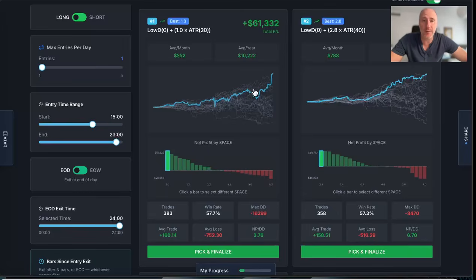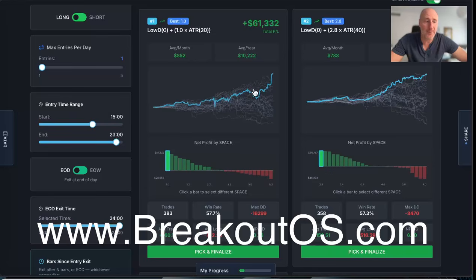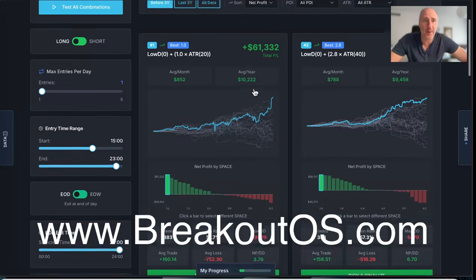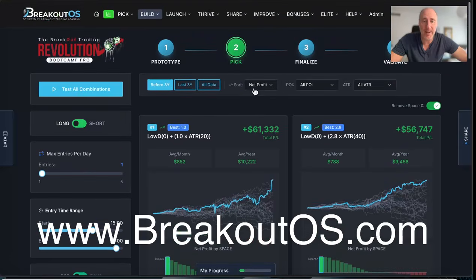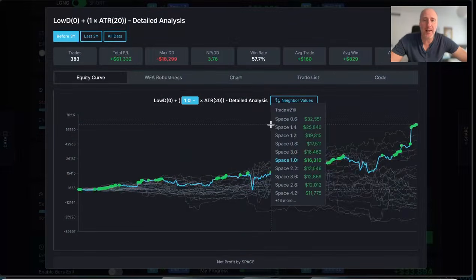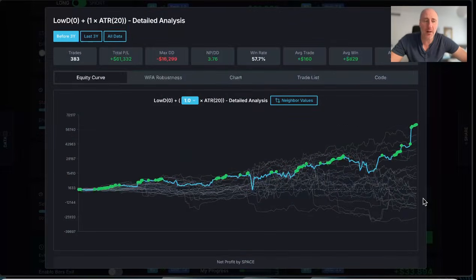Again, you can watch the previous video. Everything, the whole work we're doing here, is done in the BreakoutOS. And we ended up with a very promising base foundational breakout model on E-mini Nasdaq 1 hour.